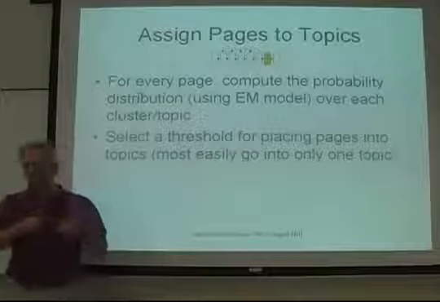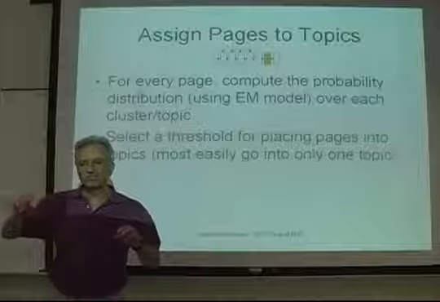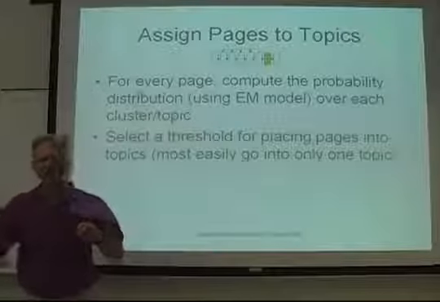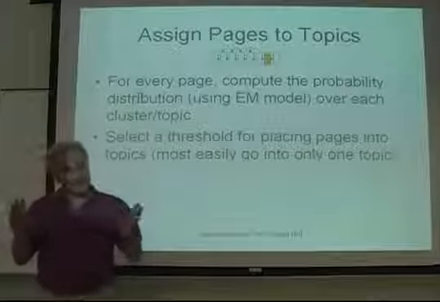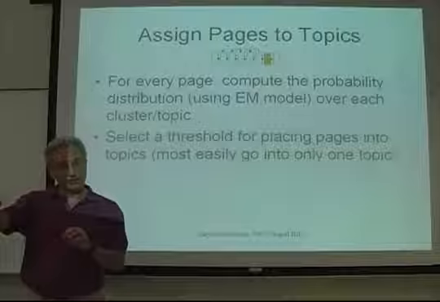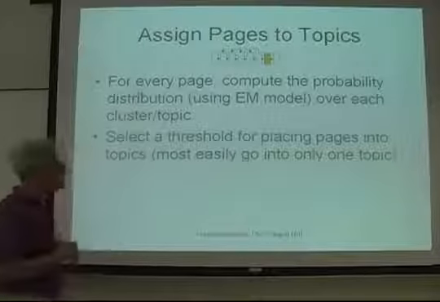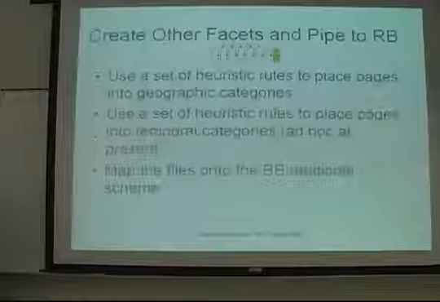The probability that it goes into one of the other clusters is 0.00007333, something like that. Well, we're not going to put it in there. So we have the possibility to now assign documents to multiple clusters. In most cases, though, they went easily into one topic based on some simple thresholding.